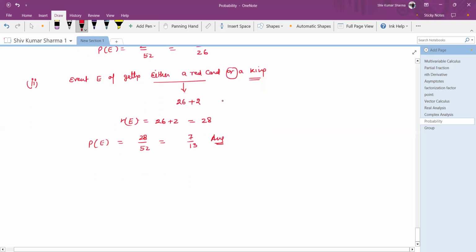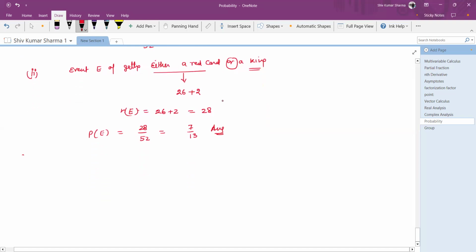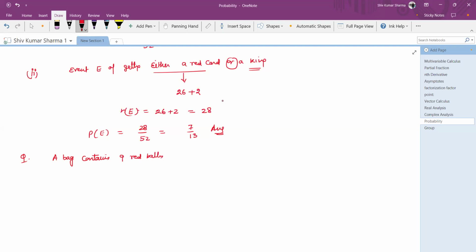Now we move to the next question. A bag contains 9 red balls and 12 white balls.